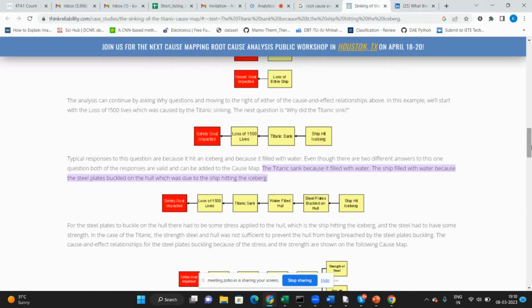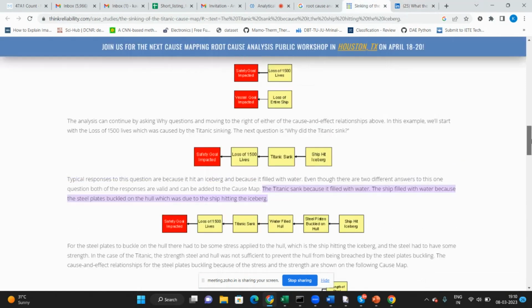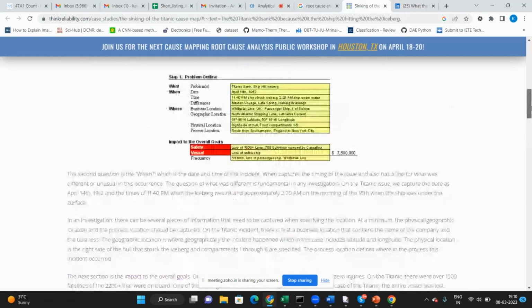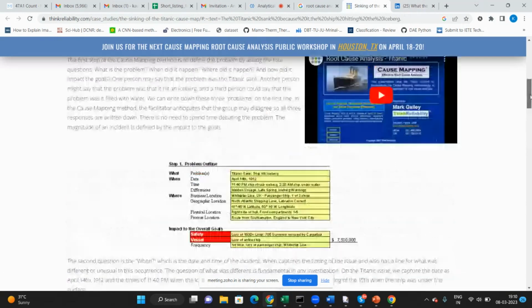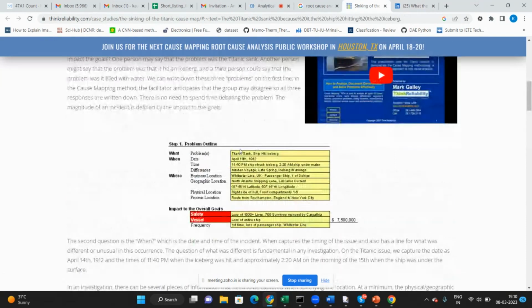So if you take a formal tool, if I give the problem statement like the Titanic ship sank, and it was hit by an iceberg, and it broke, and it resulted in the loss of 1,500 lives, and a lot of money.